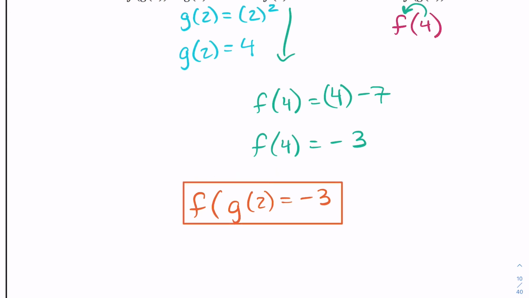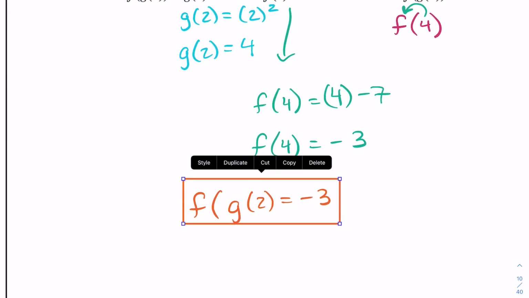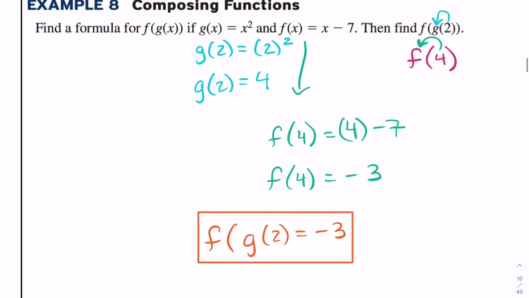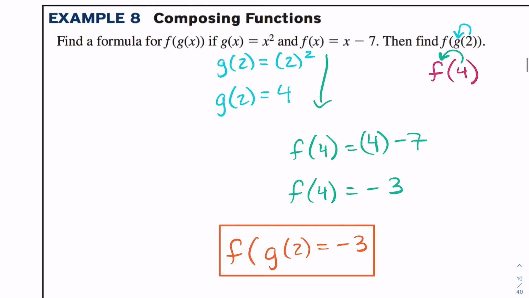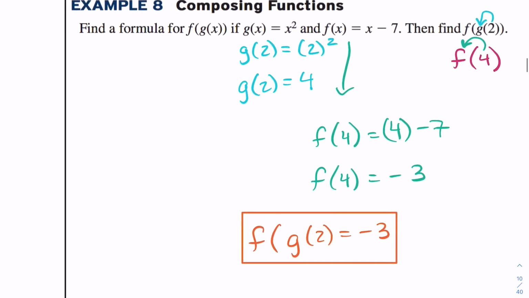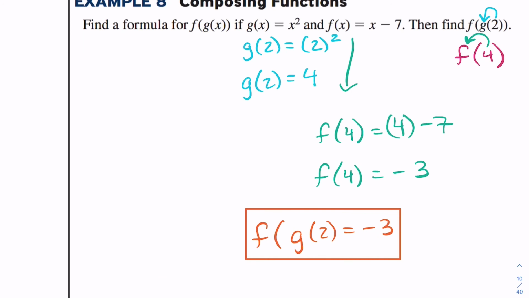Now, that's not the way everyone does it. Some people might instead substitute g in for f, and that's totally okay. So here's another example of what we could do. So this is version 1.